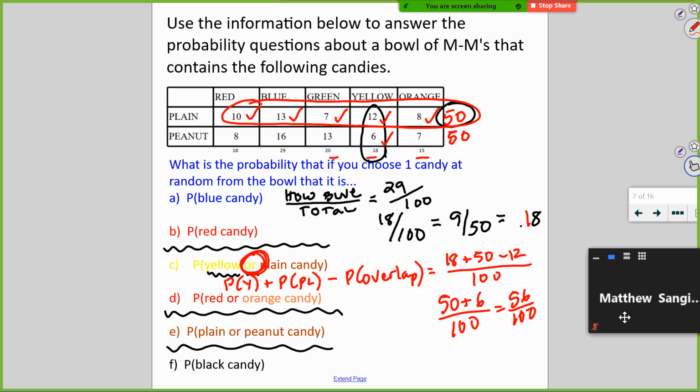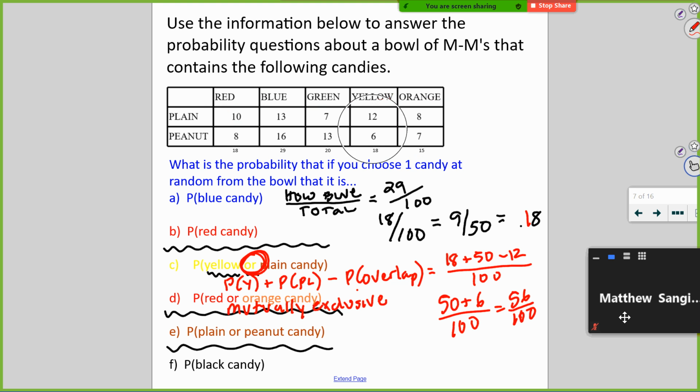So these two problems, C and D, right? D is trying to model something that is considered, another vocab word, mutually exclusive, right? They're separate from each other. The red and orange don't happen together.